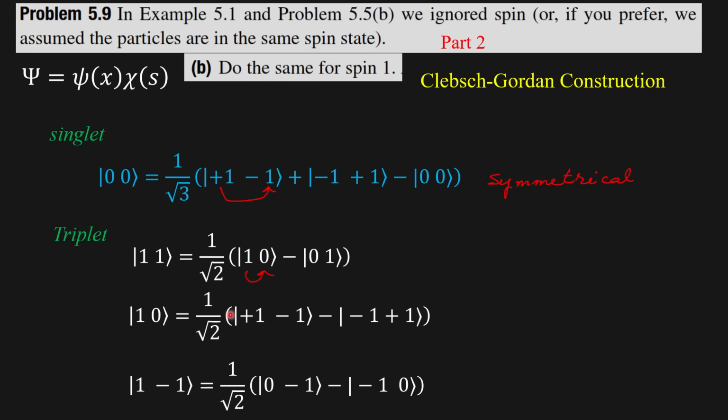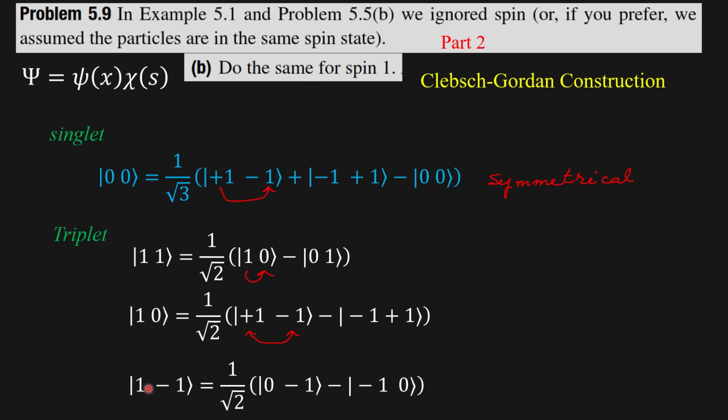This is anti-symmetric. Similarly, for 1 0, you will get 1 over square root 2 times plus 1 minus 1, because total spin is 0, minus minus 1 plus 1. If you swap these states, the sign will change. So this is also anti-symmetric.